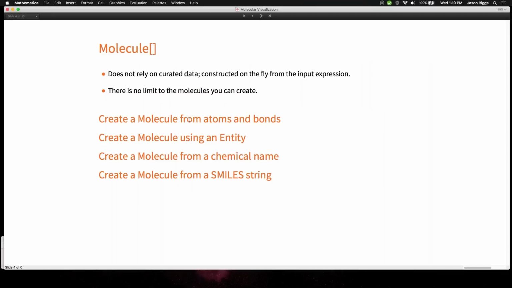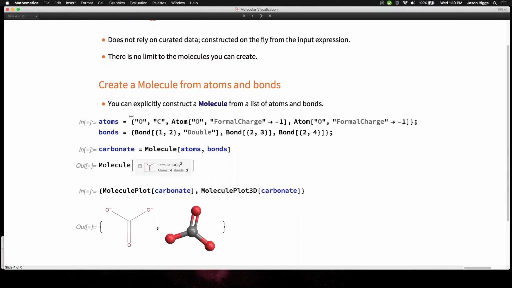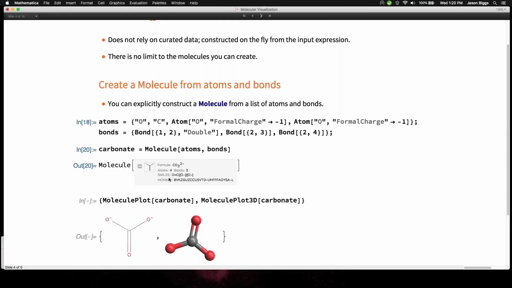This slide just shows the various ways that you can create a molecule. You can start with defining a list of atoms and bonds. This has an oxygen, a carbon, another oxygen atom with a -1 charge, and then another one. Then it has a bond between the first two atoms, a double bond between the second and third, and these two are both singles. We evaluate this and we get back our molecule. It displays in the notebook as a summary box with some information.